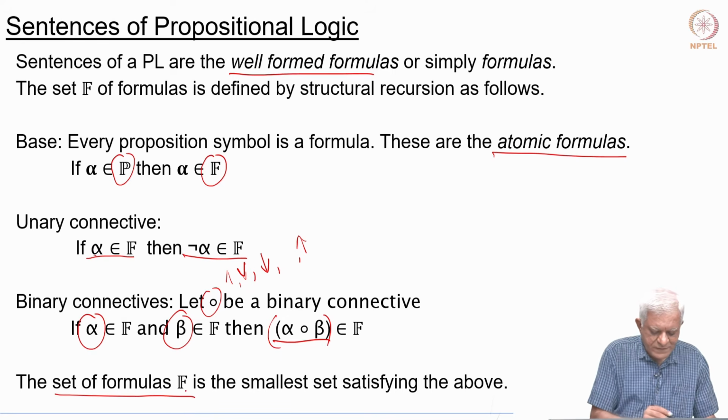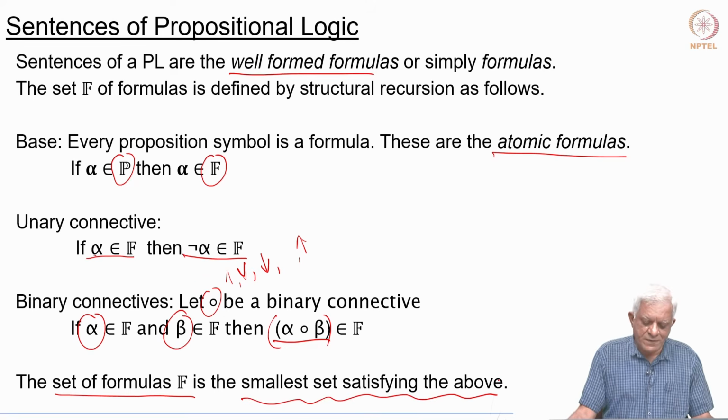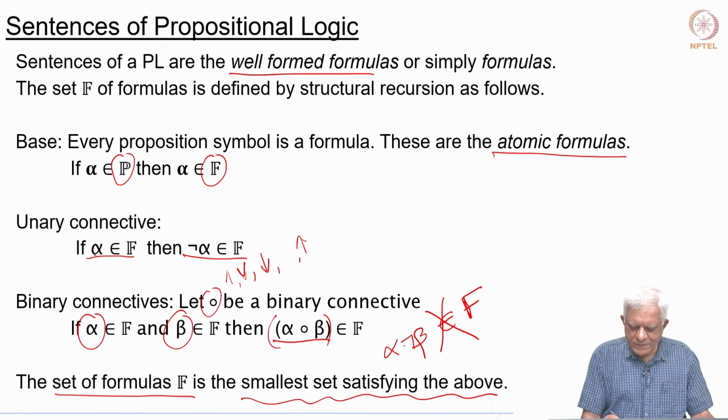So, the set of formulas F is the smallest set satisfying the above. What do you mean by the smallest set satisfying the above? It means that you can only construct formulas using this set of rules, and there is nothing else that you can do. So, for example, you cannot say that alpha negation sign beta is a formula.